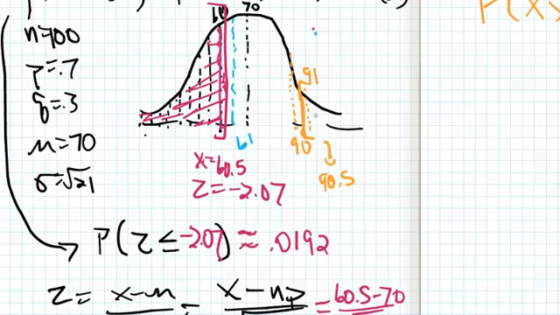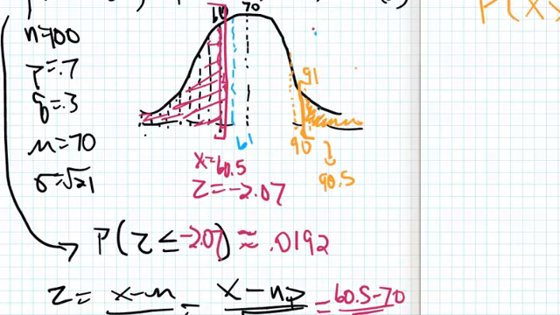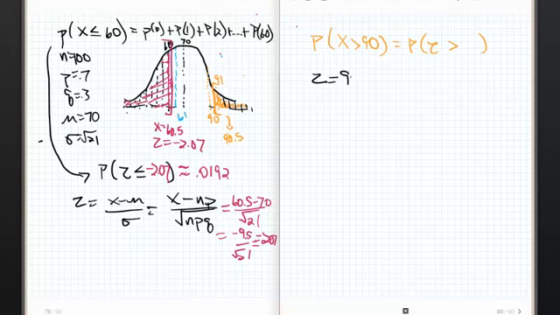Notice that when I shade in, I definitely pass through 91, and also 92 and 93 and 94 and 95 and 96 and 97, et cetera. So let's figure this out. z is going to be equal to 90.5 minus 70 divided by the square root of 21.